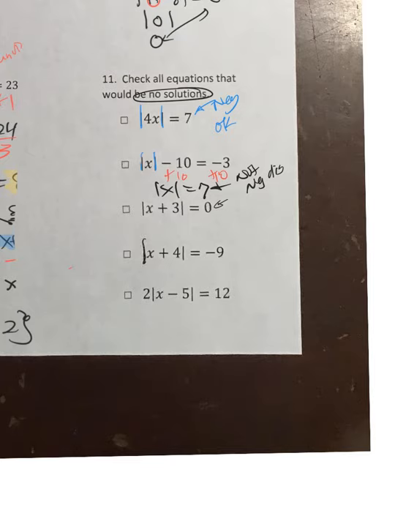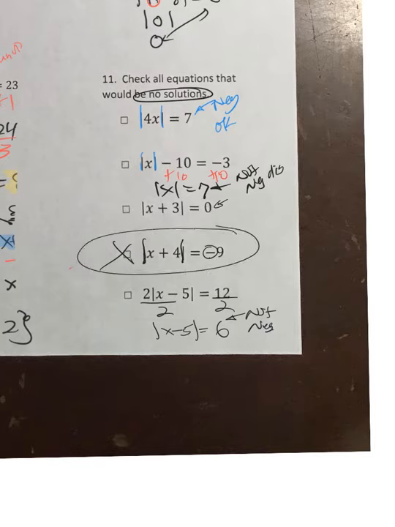Here the absolute value is isolated, and we have a -9. So this is a no solution problem. This one we would have to divide both sides by 2 first, and that equals +6. That's not negative, so we don't have a negative distance. So this is the only one in all of these problems that is going to give us a no solution scenario.